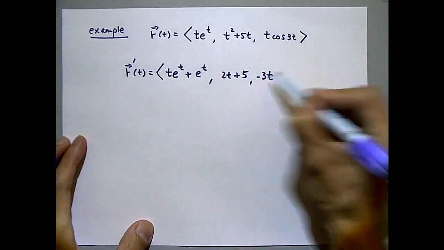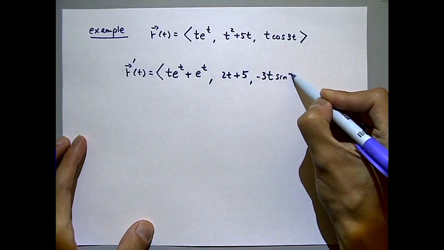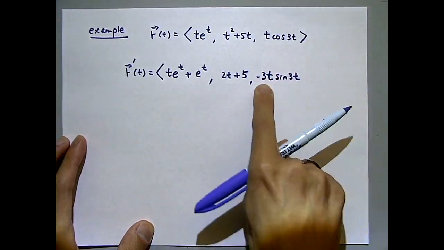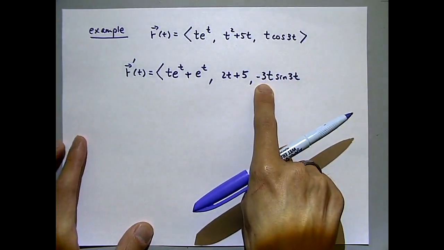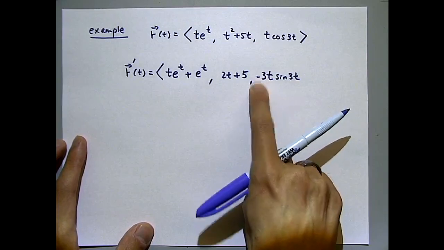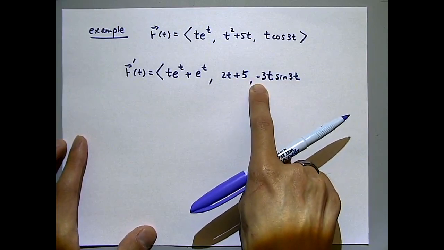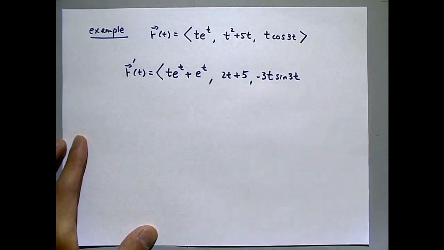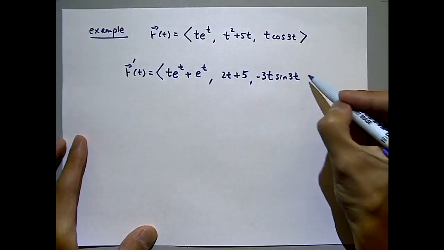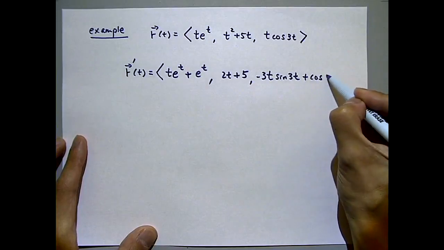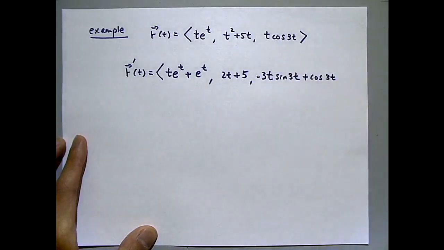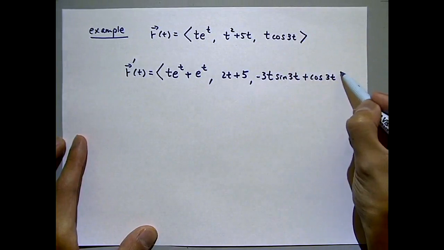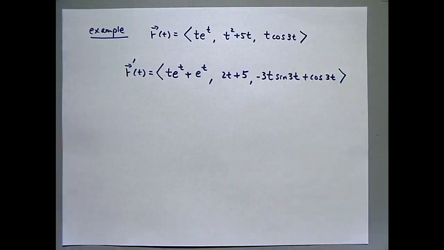Where did that 3 come from? Chain rule. What about the negative? Derivative of cosine is negative sine. Very good. And then the second part is cosine 3t times the derivative of t, and that's still just 1. All right?